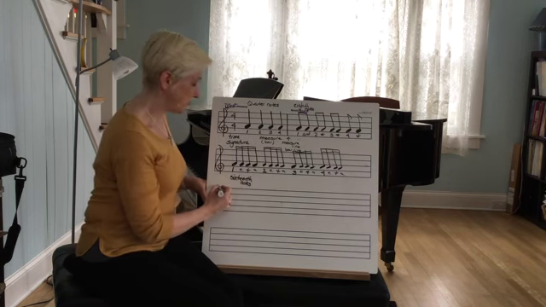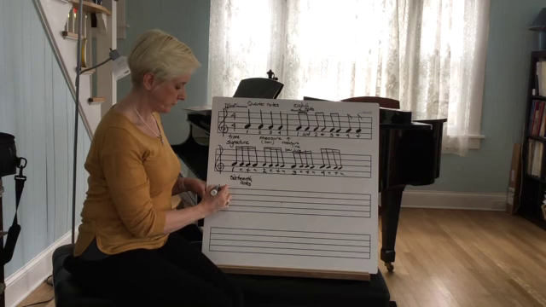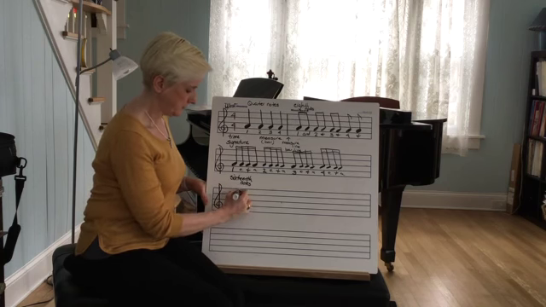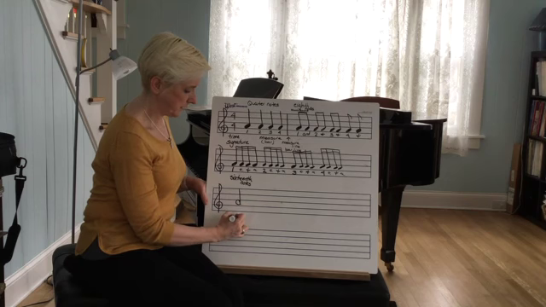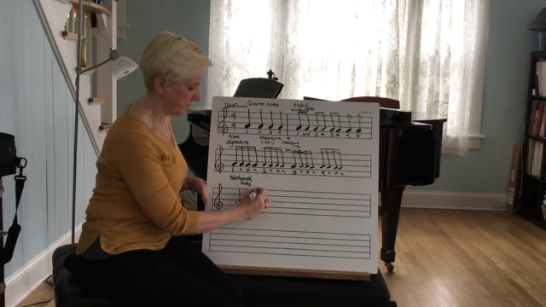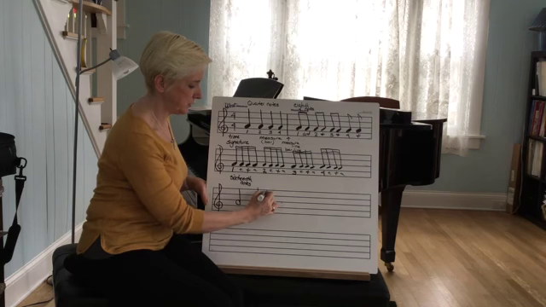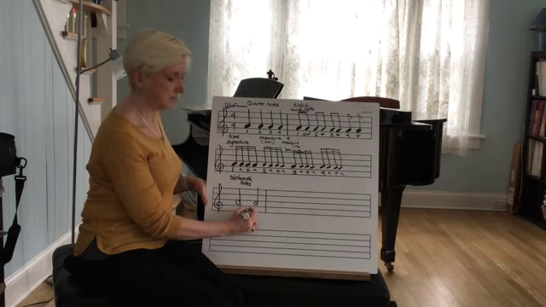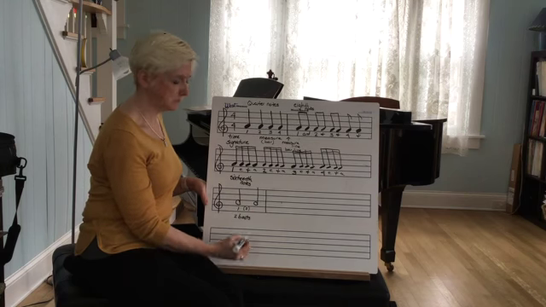So then, if we want longer notes, a half note will give us 2 beats. So it takes 2 half notes to make an entire measure. So here's our 1. The 2 is there, but we're not going to make a new sound on it.